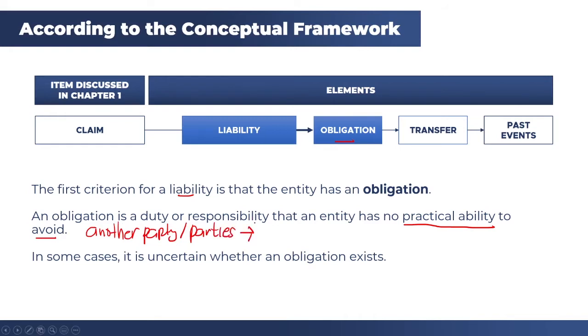However, according to the conceptual framework, this party or parties could be a person or another entity. It could also be a group of persons or entities, and it can even be the society at large. So it goes to show that it is not always necessary to know the identity of the party to whom the obligation is owed.